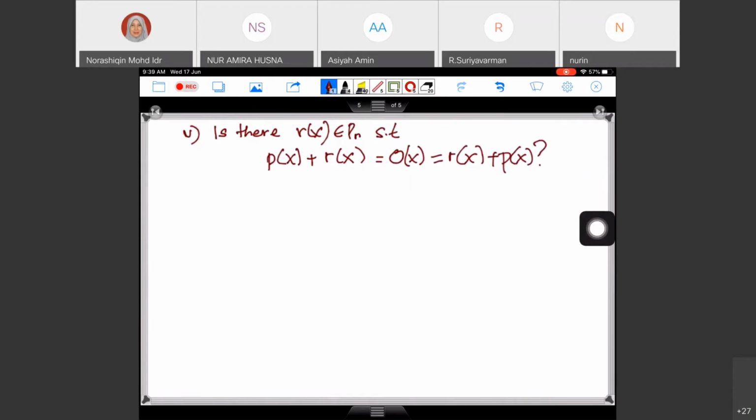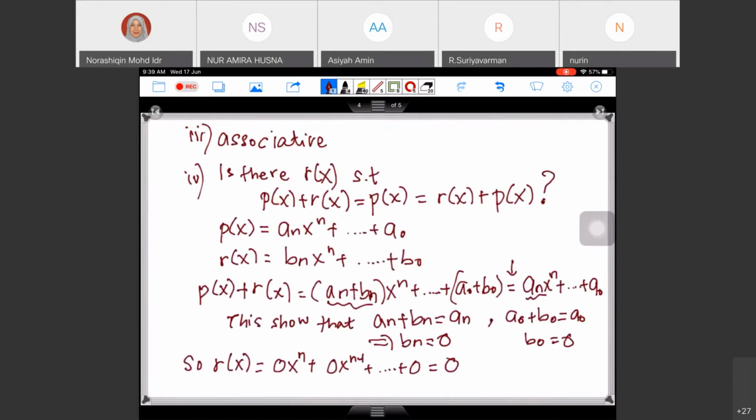Okay, back a little while, remember this one, you need to prove this side also. Now we got Rx is 0 plus Px gives you Px. One is left out, right? So next is, is 0x plus Px equal to Px?